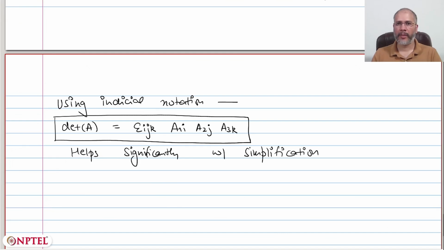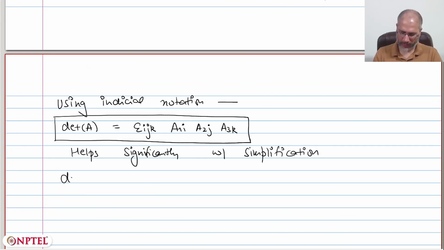In fact, there are problems where you don't have any determinants, but still you can use these ideas to prove tensor or indicial notation relations. So we'll be doing that through the tutorial this week. There's another way to write this.